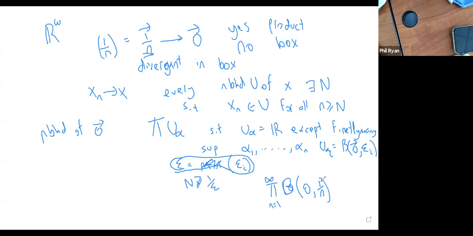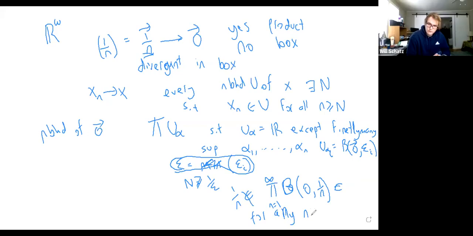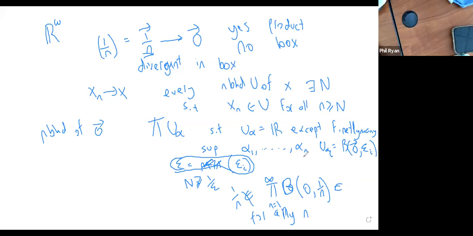Because it's centered at 0, it has radius 1/n, so the point 1/n is not in the set, and so this set here does not contain 1/n, it is not an element of this set for any n. And this thing here is a perfectly reasonable open set in the box topology. Does that make sense?